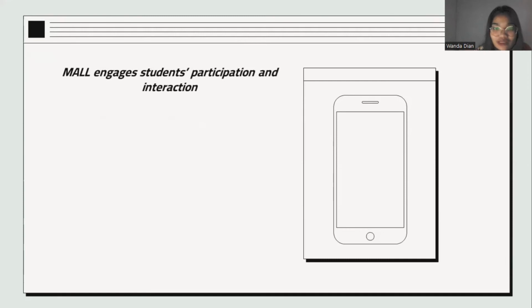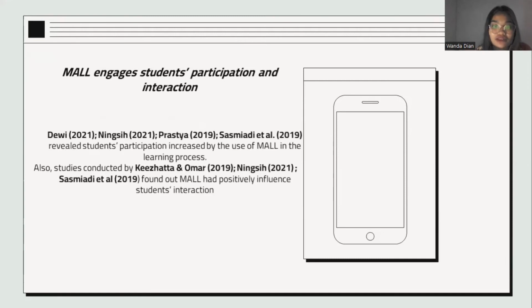The last one is more engaged students' participation and interaction. So Dewi 2021, Ningsih 2021, Prastia 2019, Sasneri et al. 2019 revealed that student participation increased by the use of MALL in the learning process.